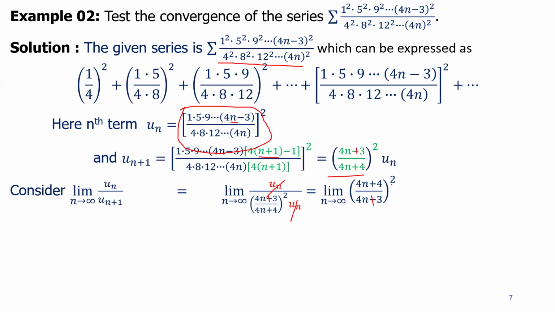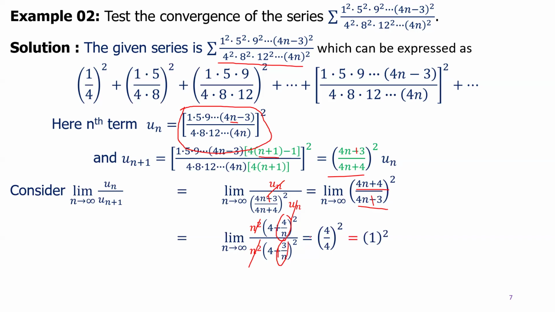If we take n square outside from the numerator as well as the denominator, this becomes n square into 4 plus 4 upon n whole square divided by n square into 4 plus 3 upon n whole square. N square will cancel. If we put the limit, 4 upon infinity is 0 and 3 upon infinity is 0. So we get 4 upon 4, which is 1 square, which is nothing but 1.